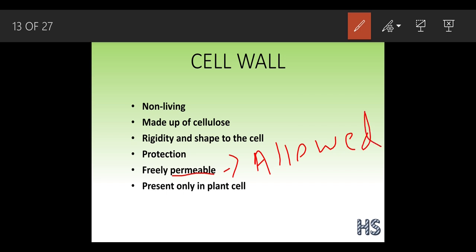This cell wall is present only in the plant cell. Why is it present only in the plant cell? To get protection from the grazing animals, which feed upon the plants for their daily survival. So the plants need to be very strong. That is why the cell wall is the outermost wall of the cell.